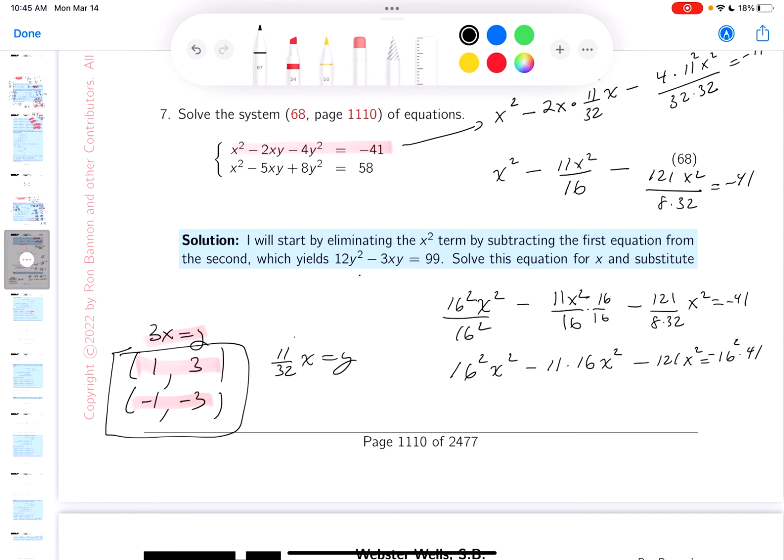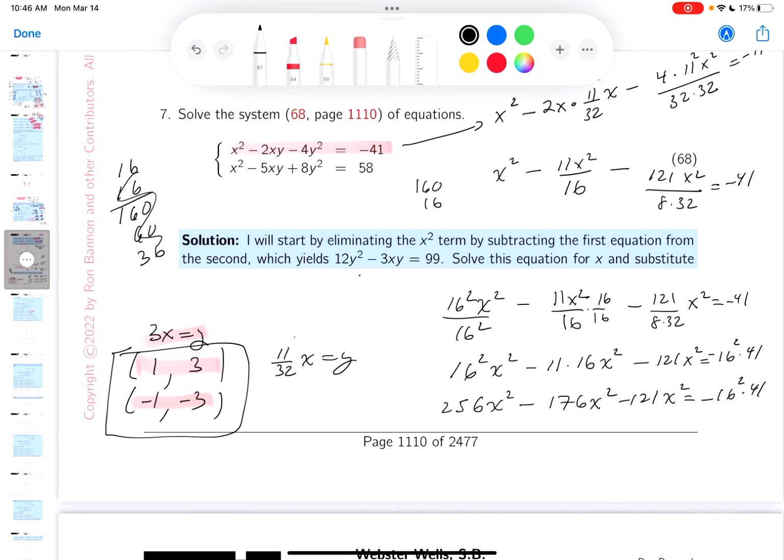Boy, I got trouble there, don't I? So 16 squared, write this on the side for you. That's 160, 10 times 16, 60, and 36. That's going to be 256. Minus, well, let's see. That's going to be 160 and 16, which is going to be 176. Minus 121 x squared equals minus 16 squared times 41.